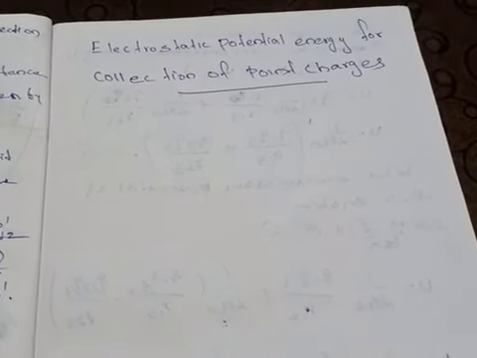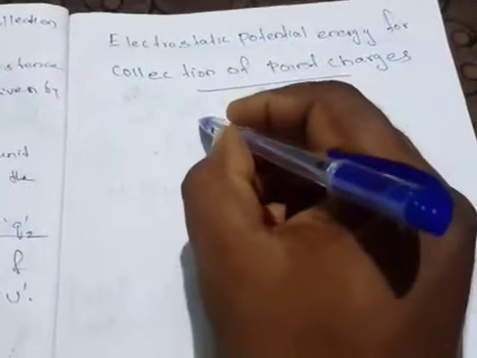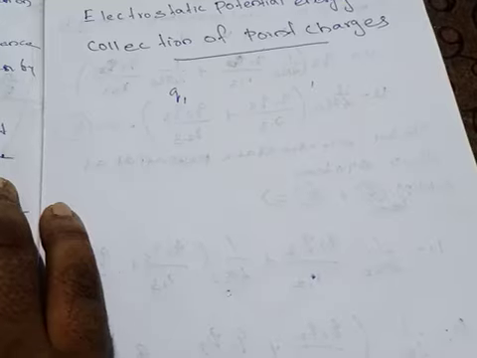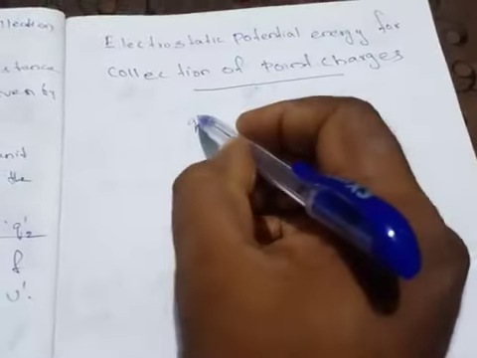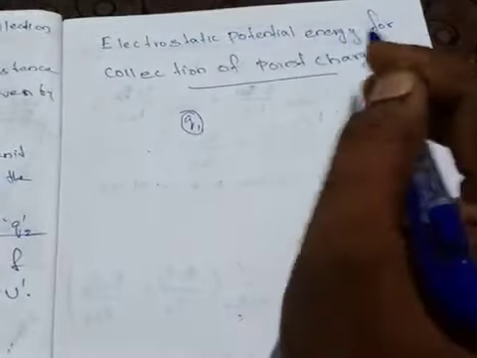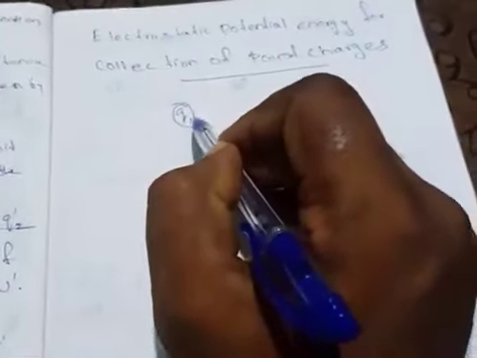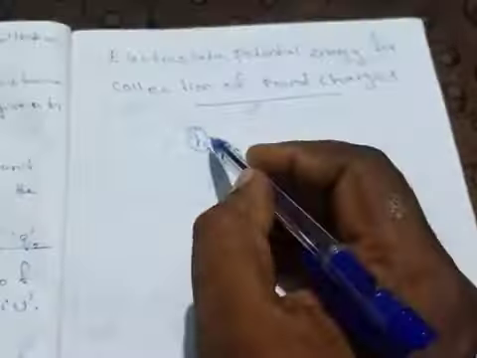We can see. For that, consider a unit charge. One charge Q1 is kept at a point. Now you know that when a charge is kept at a point, there will be electric field lines around it.